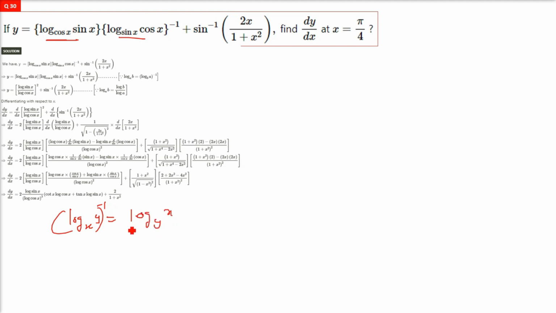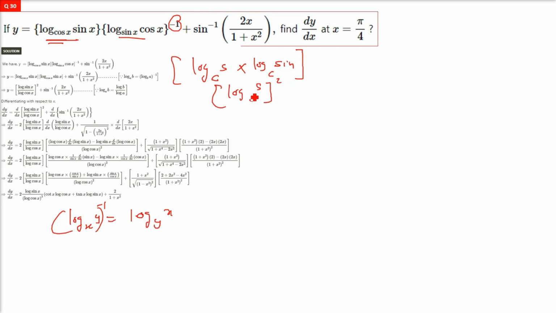It is log x with the base y. So log cos and sine, I am writing it in short. So log base cos of sine, and since we have this as inverse, we can write it as log base sine of cos, where they change position. So they both are the same, log cos x sin x. The base is cos x and we have sin x, so it is a square of it.